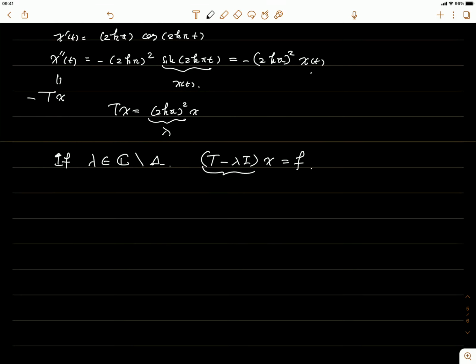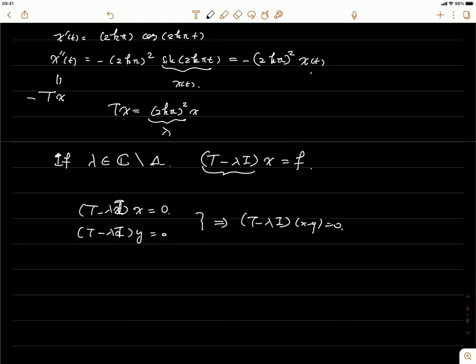To show that it's a bijection, I just need to show first of all that it will be an injection, because if this is applied to x and this is applied to another function y, and we get 0 for both, this just means that (T minus lambda I)(x minus y) is equal to 0.